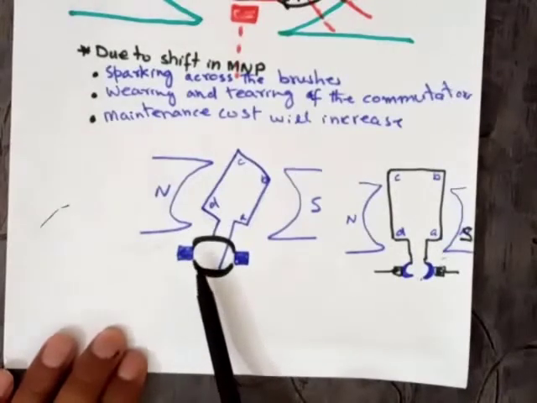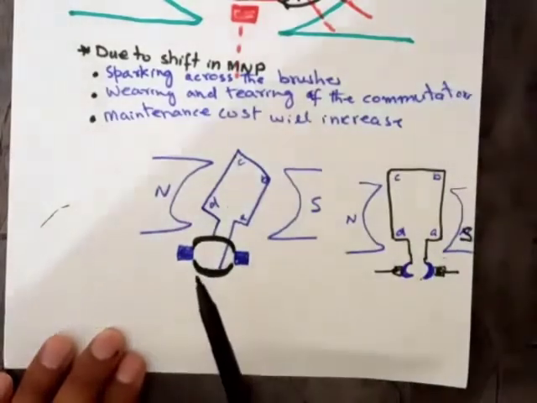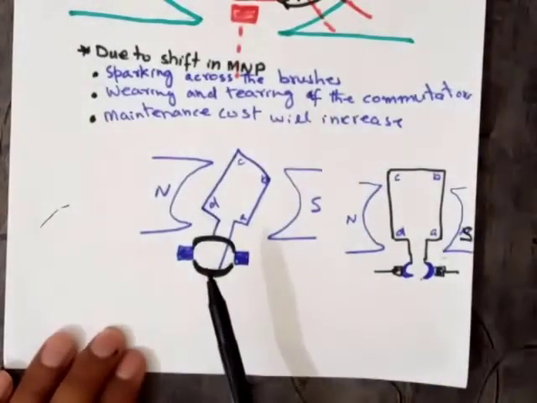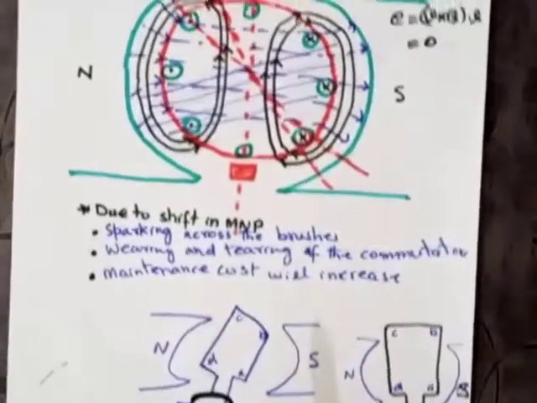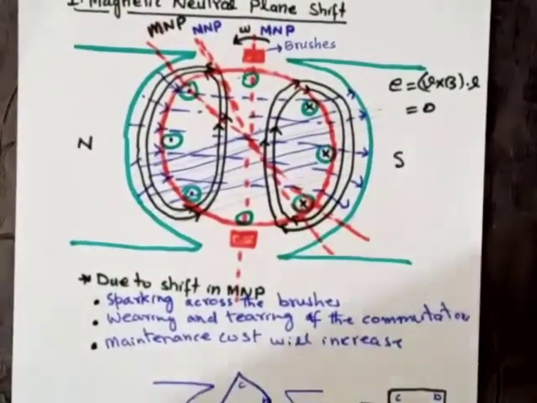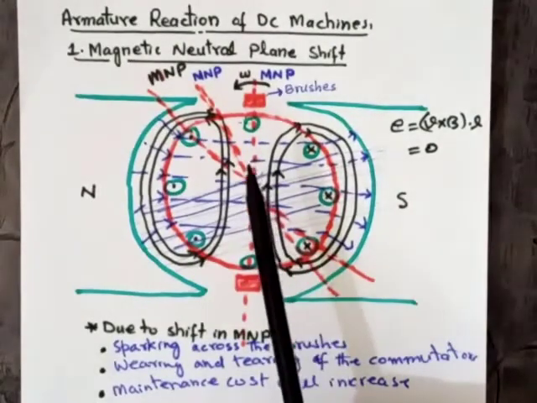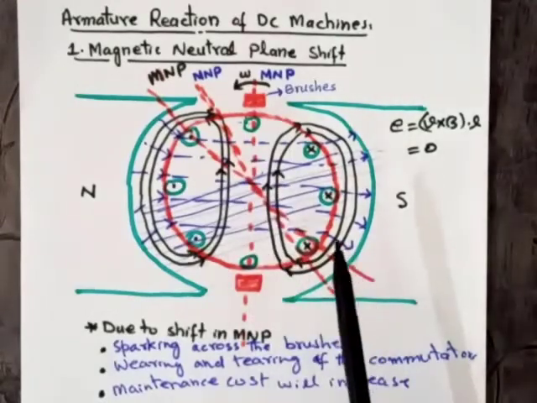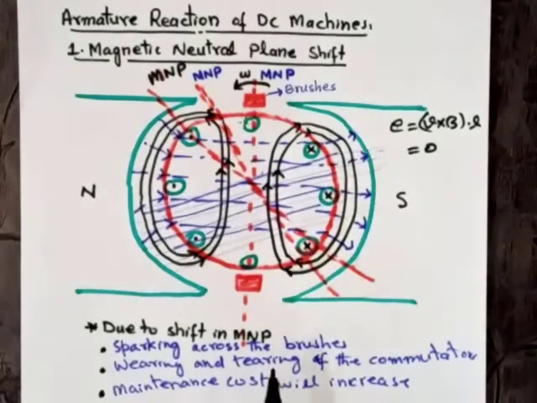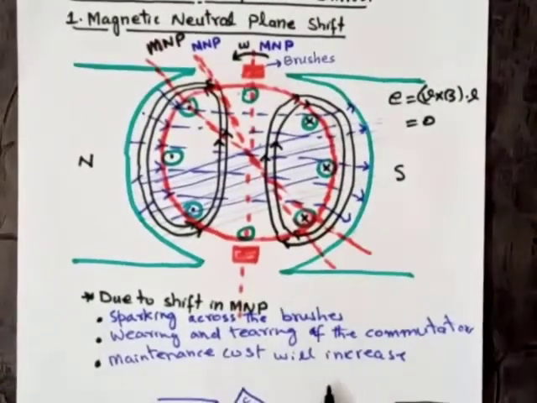When sparking occurs, the commutators are going to get damaged. Therefore, the maintenance cost of the equipment will increase. Due to the shift in the magnetic neutral plane, sparking across the brushes occurs, wearing and tearing of the commutators happens, and due to this, the maintenance cost of the machine will increase.